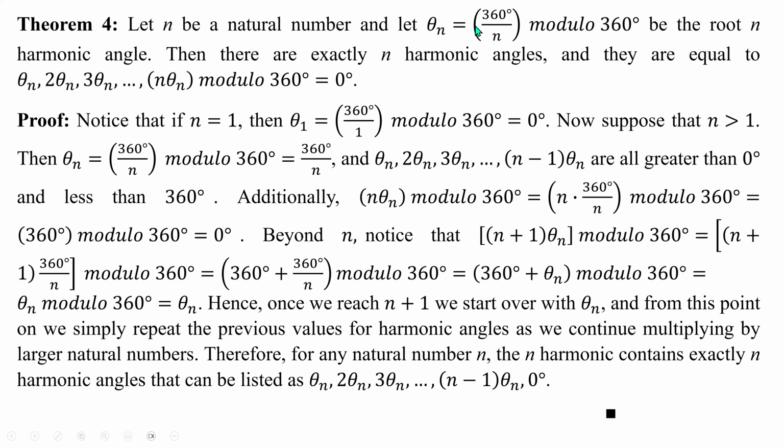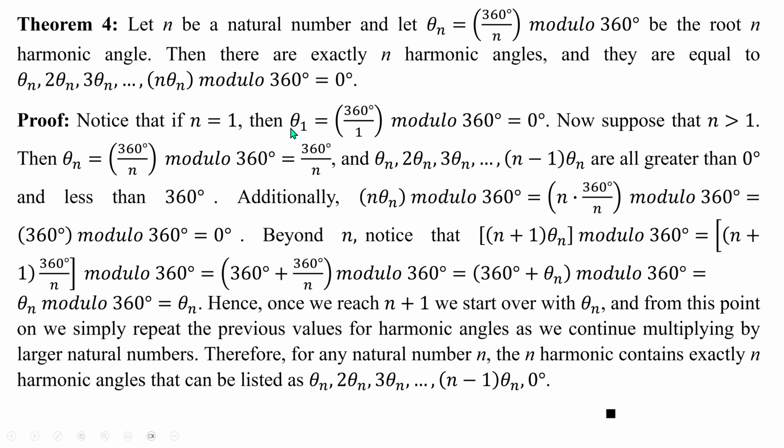And that is because if theta sub n is 360 degrees over n, multiply this by n, and the n cancels, and 360 degrees modulo 360 leaves you a remainder of 0. So you get 0 degrees. Okay, proof. Now, n equal 1 is often just a special case, so let's see what happens.